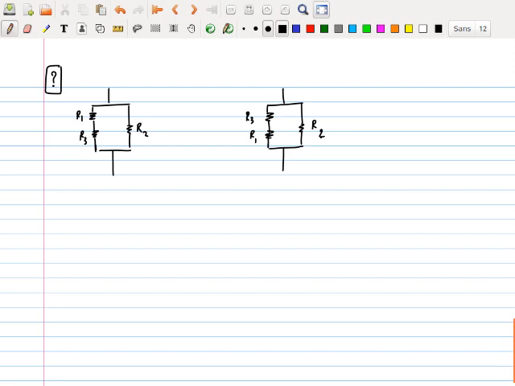Is that different? So by switching the 2 resistors up or down in the same branch, no problem. This is it.